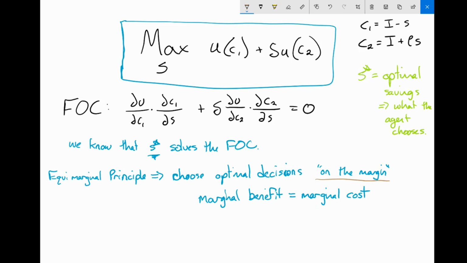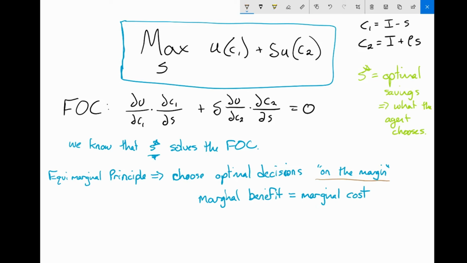And when we ask ourselves that question, do I save one more dollar? We look at the marginal benefit and the marginal cost of that one more dollar. I will save one more dollar if the benefit that I get from saving that $1 is greater than or equal to the marginal cost, or the cost of saving that one more dollar. If the cost of saving that one more dollar is larger than the benefit, then I will not save it. Okay, so that's how people make decisions.